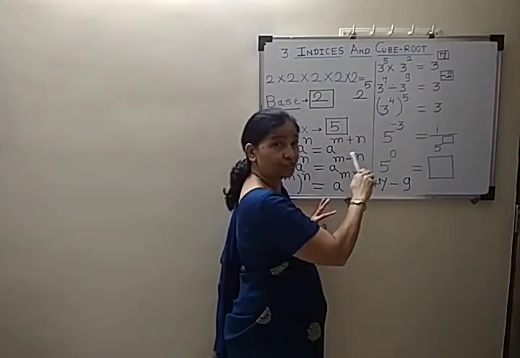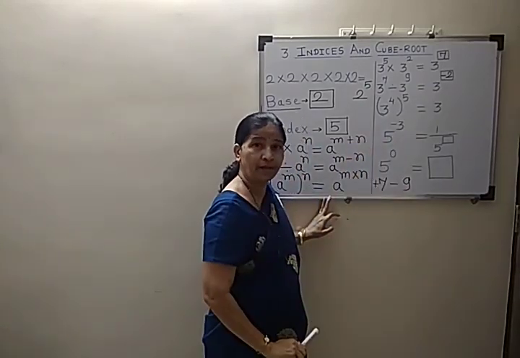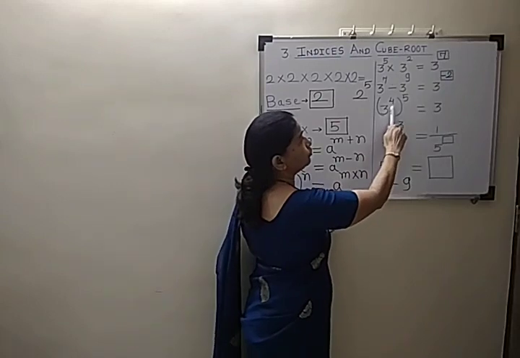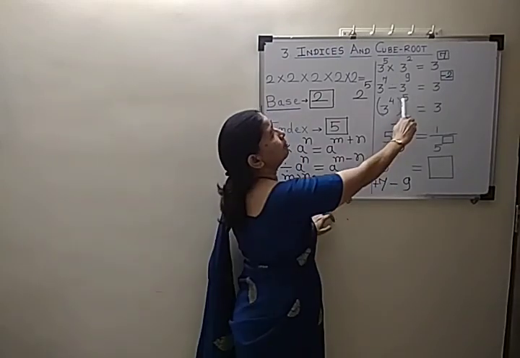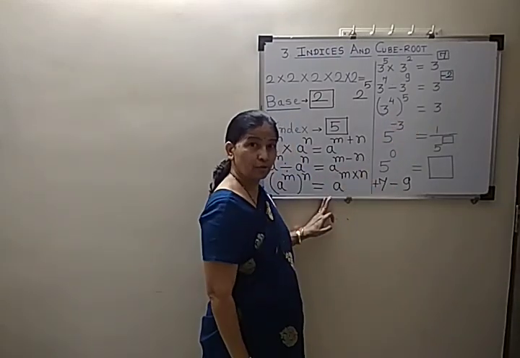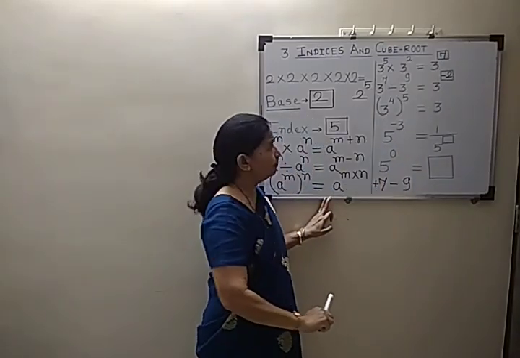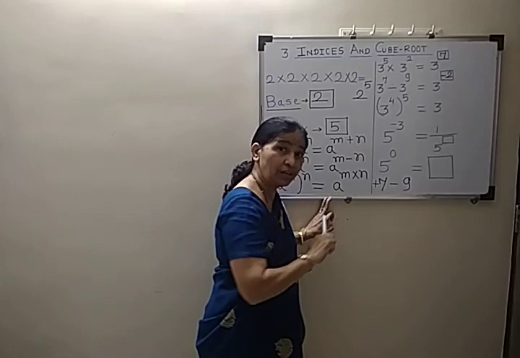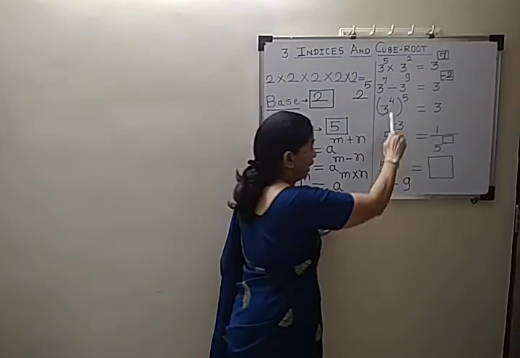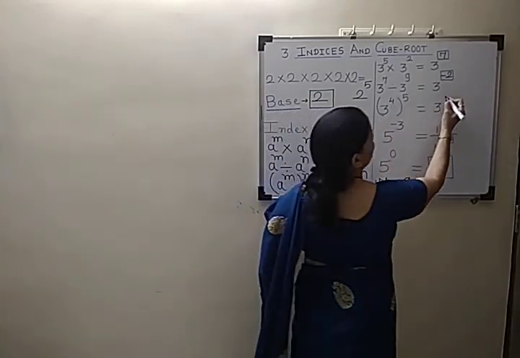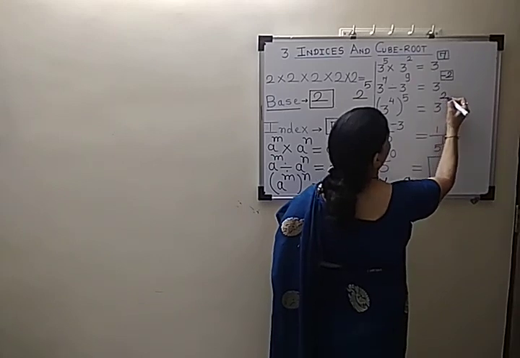Same formula, same rule I have to obey here. That 3 raised to 4 whole bracket raised to 5. So 3 base I will write as it is and 4 fives will come as 20.